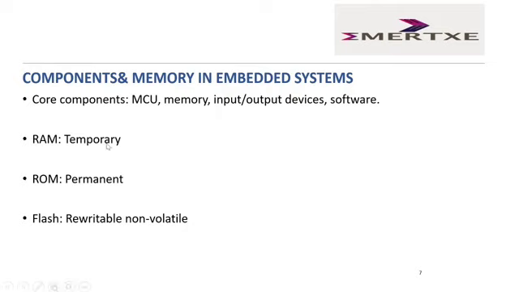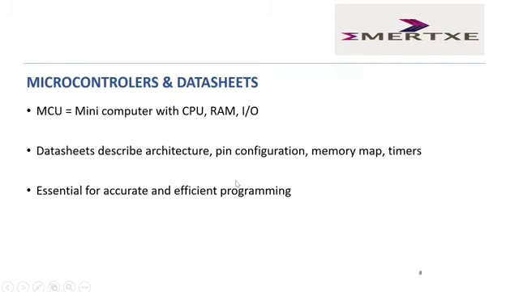In this, RAM is temporary and ROM is permanent, and flash is rewritable and non-volatile. Then microcontrollers and data sheets. An MCU is a mini computer with CPU, RAM, and input-output devices. Data sheets describe architecture, pin configuration, memory map, and timers, and are essential for accurate and efficient programming.